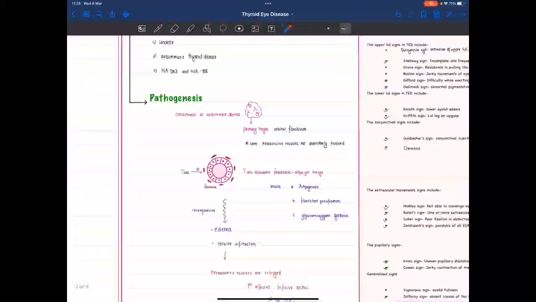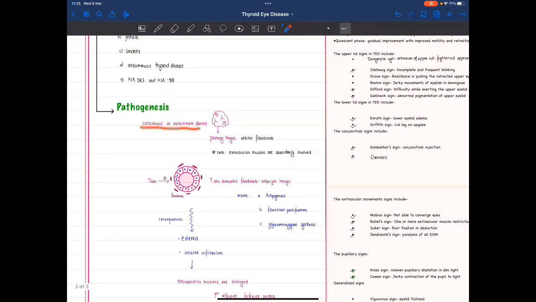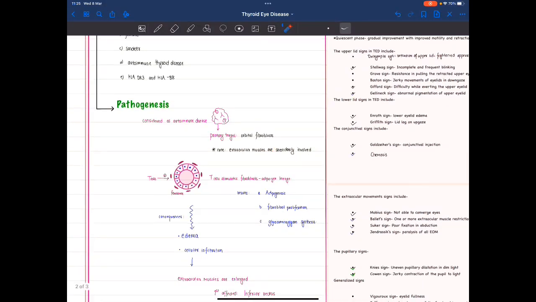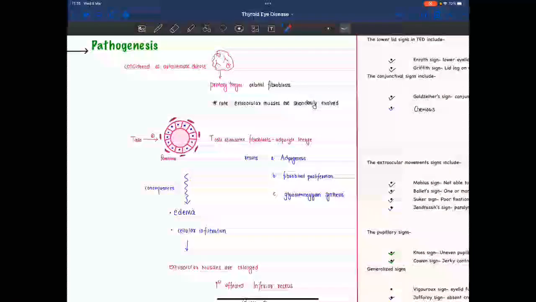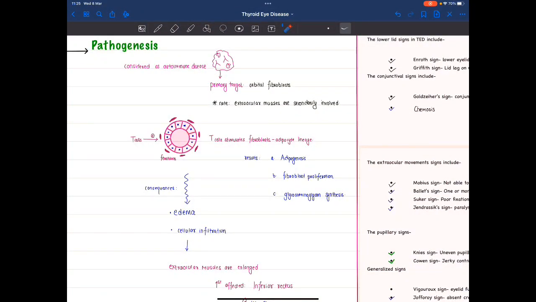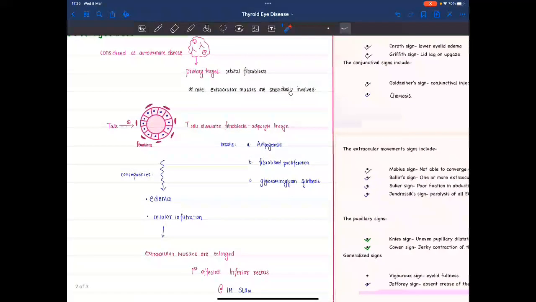About pathogenesis. It is considered an autoimmune disease. The primary target of the autoimmune process is the orbital fibroblast. It is not the extraocular muscles. Extraocular muscles are secondarily involved. Thyroid follicles and fibroblasts may share similar antigens, and T cells stimulate fibroblast and adipocyte lineage.